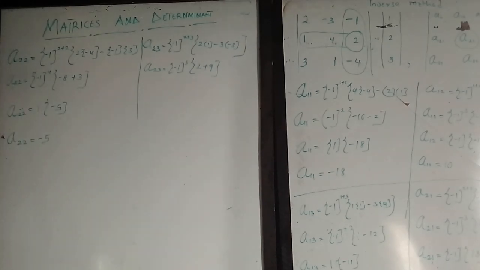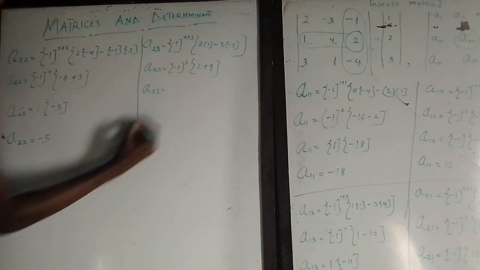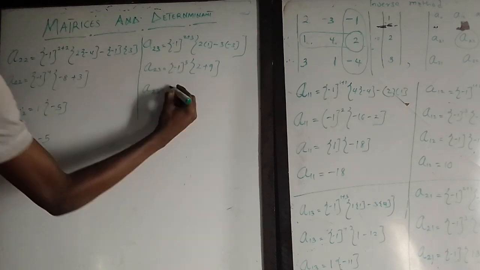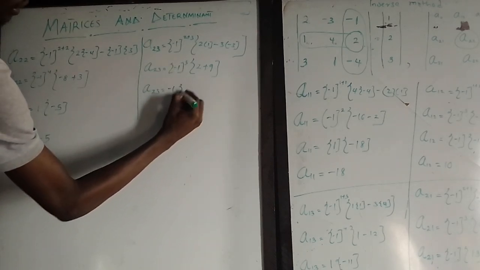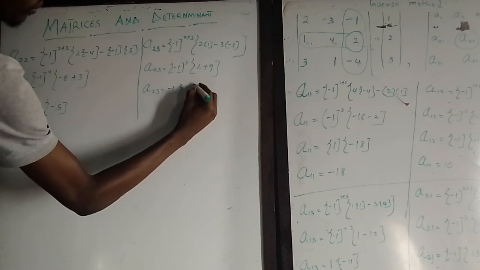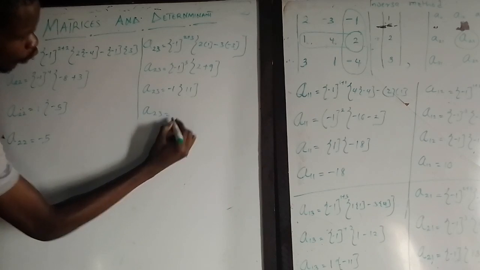So do we understand? So let's continue. You have A23 equals to minus 1 raised to power 5 will give us minus 1 times 2 plus 9 will give us 11. So A23 equals to what?